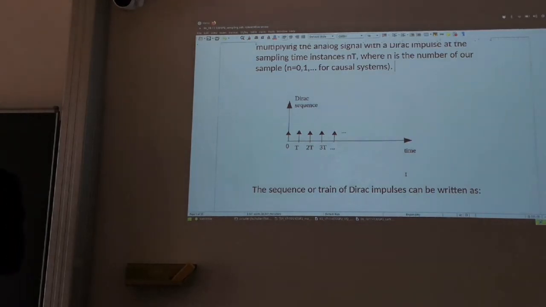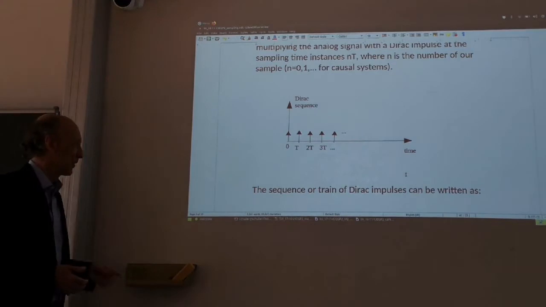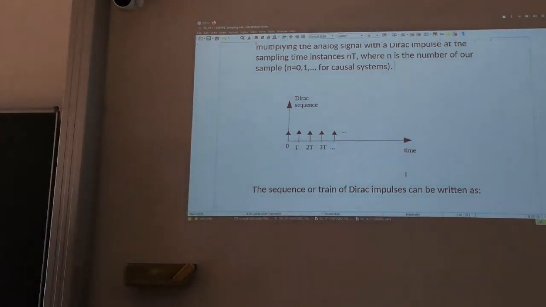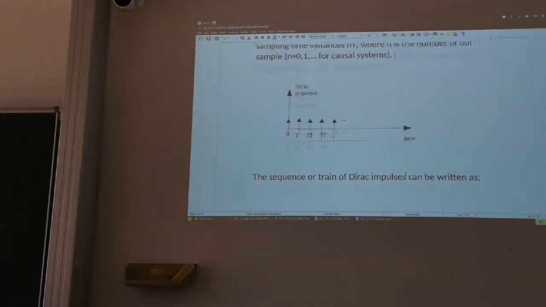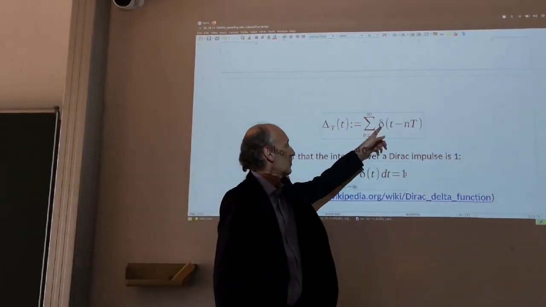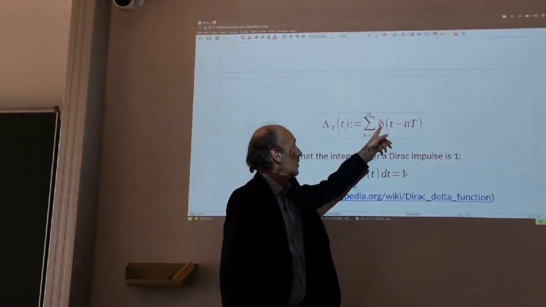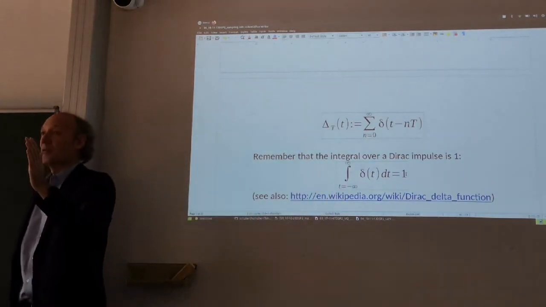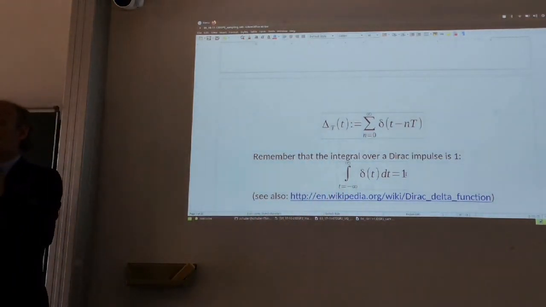Oh, very good. So the sequence or train of Dirac impulses can be written as the following sum. So the delta here is our Dirac impulse, and delta of t has the Dirac pulse at t equals 0. Right?